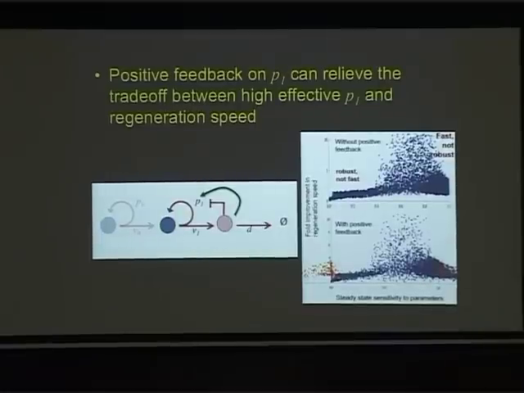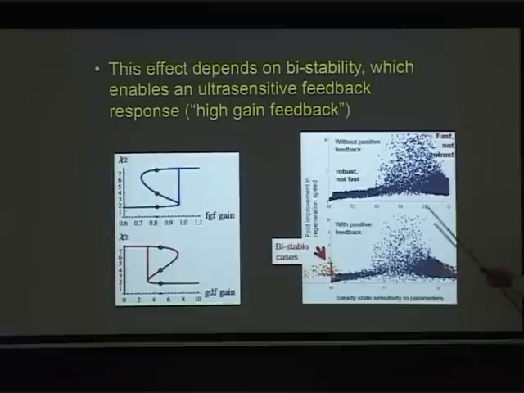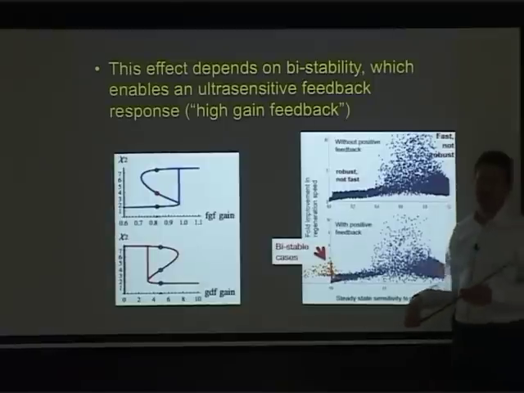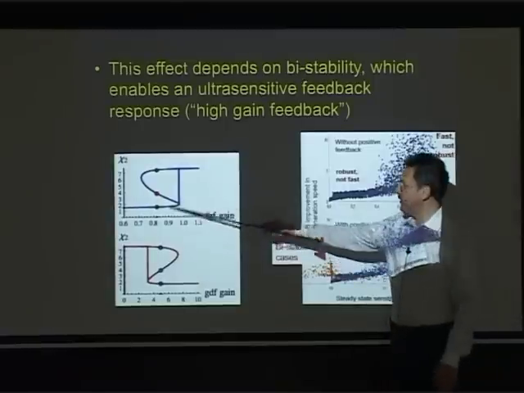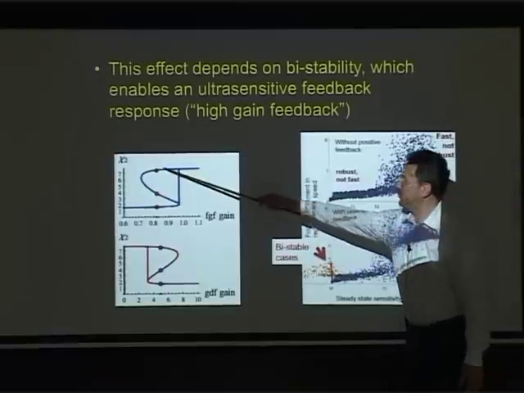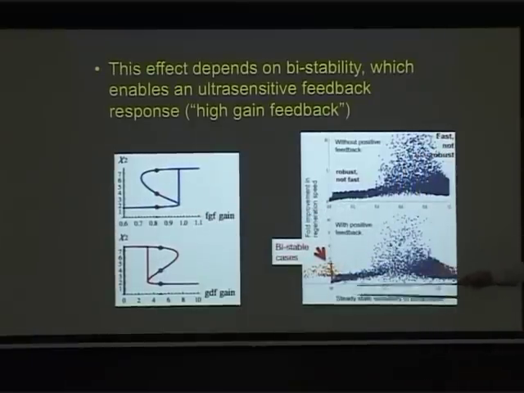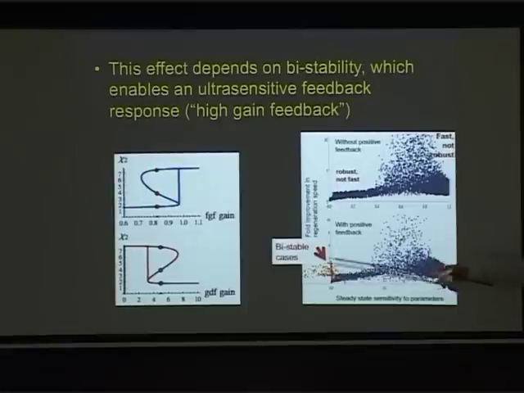Okay, sorry. So where do those cases come from? Why are they colored orange? Because they're all the bistable cases. And that's one of the interesting things that happens when you mix the positive and negative feedback, is you actually create bistability, so that the terminal cell numbers have two possible steady states they can reach. And one of the reasons you can regenerate quickly here is because you can essentially toggle the system.